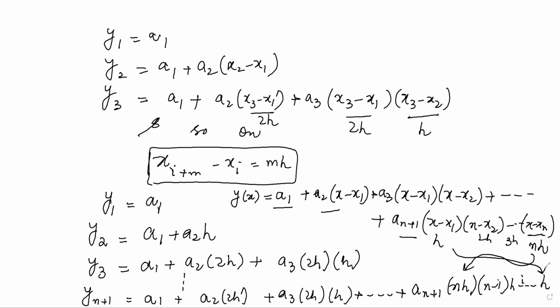So from here we can simply say that y1 is equal to a1. Can we also solve for y2? For us the coefficient a1 in the assumed polynomial is equal to y1. And what about a2? Let me clear some space here.